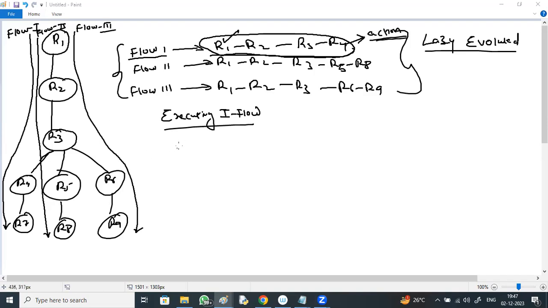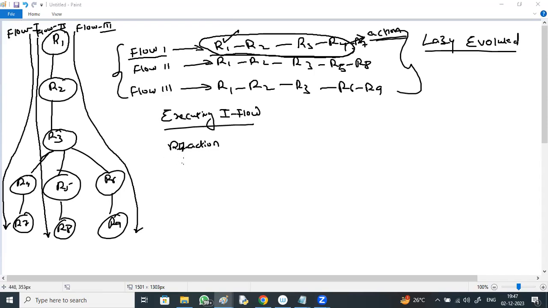Whenever you say R4.action, or rather, R7 is the last one, R7.action.